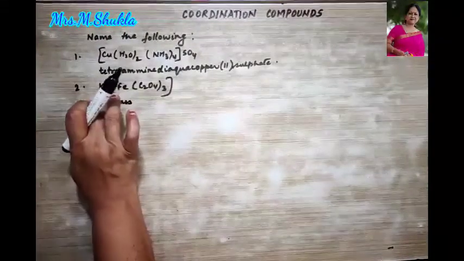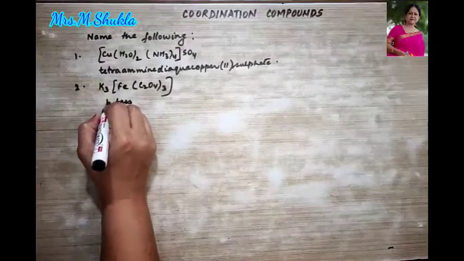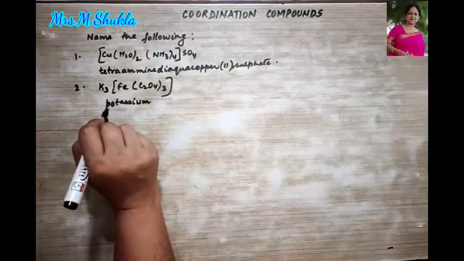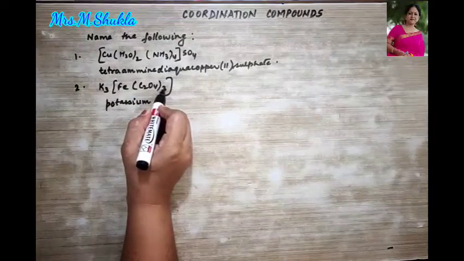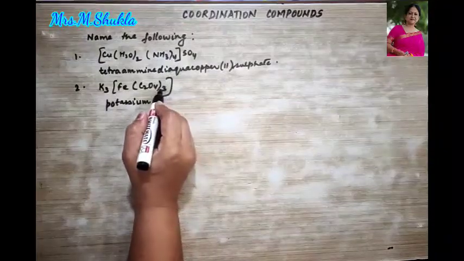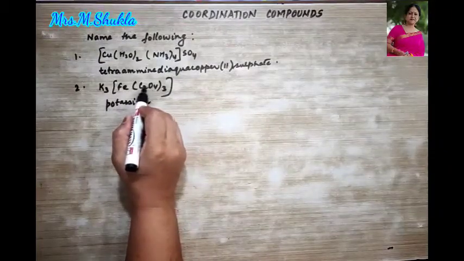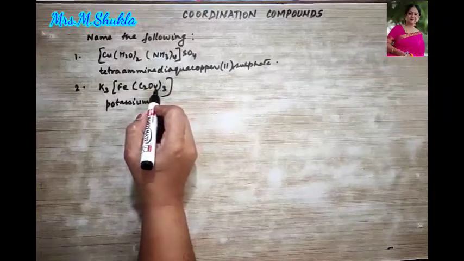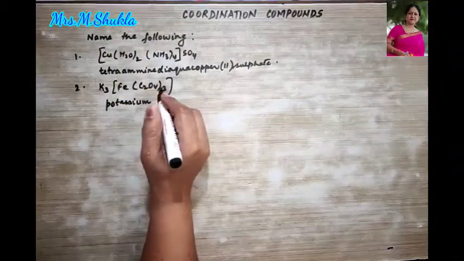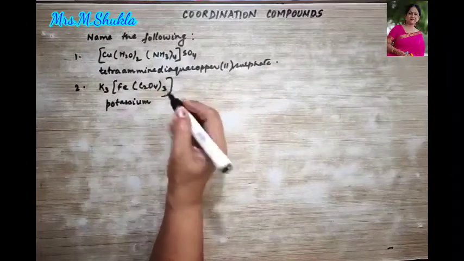So begin with a small letter. Potassium. Then the ligand has to be mentioned with tri, bi, whatever. So tri, what is this? This is oxalate. So how should we write oxalate when it is inside the square bracket? It will be called oxalato.